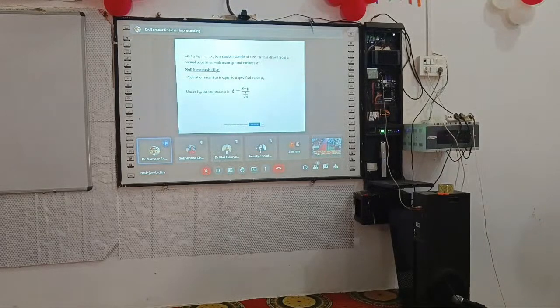So the test statistics formula says that t is equal to x bar minus mu, where this is called the sample mean, and this is called the population mean, upon s divided by under root n. N is representing the sample size, right?